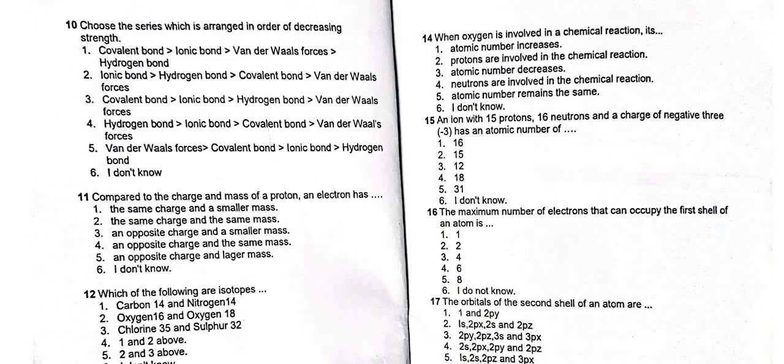Daniel, why 3? So the correct answer here should be the first one is ionic, then followed by covalent. Covalent bonds are stronger than hydrogen bonds. So ionic, then followed by, let's see the order between hydrogen bonds and covalent.